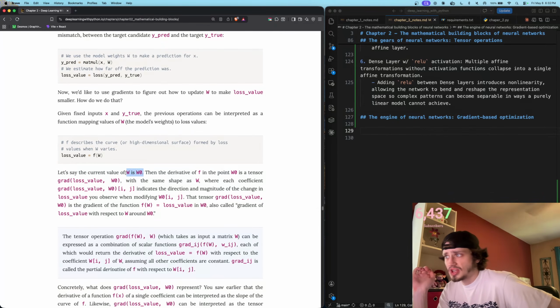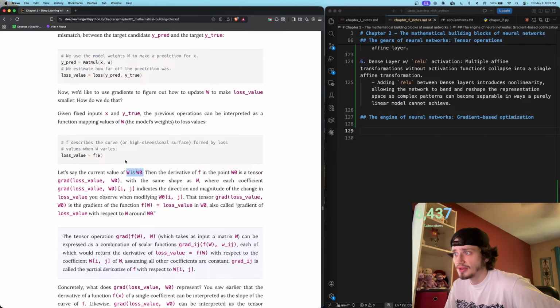With the same shape as W, where the coefficient indicates the direction and magnitude of change in loss value when modifying that individual weight. Got you, that makes sense. So you're modifying this individual weight at this index, right?